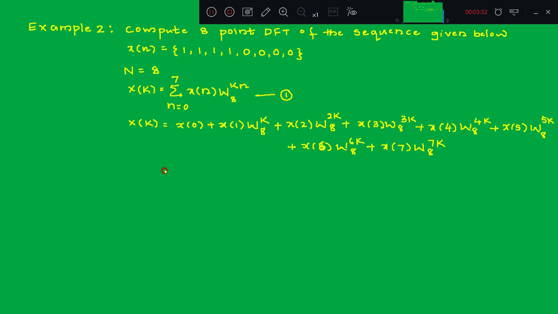right? Now we have the sample values in the sequence x of n, from x of 0 to x of 7.